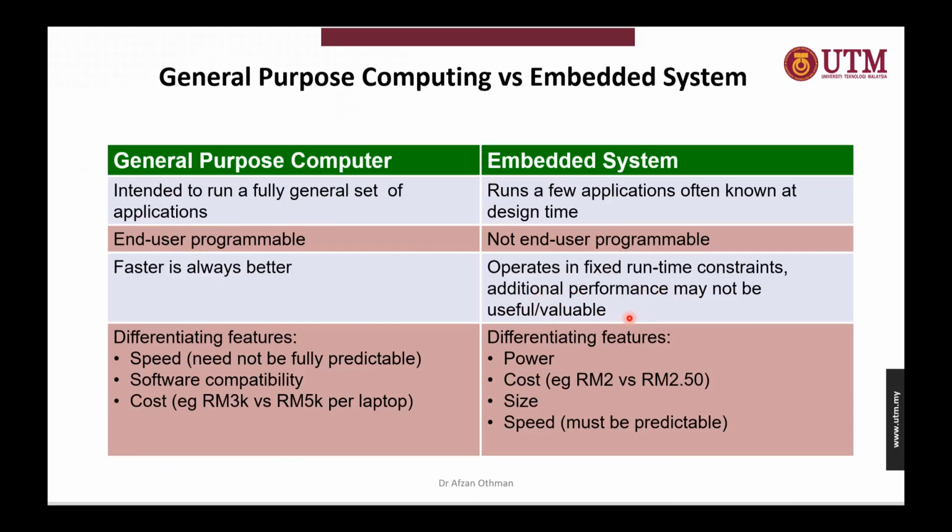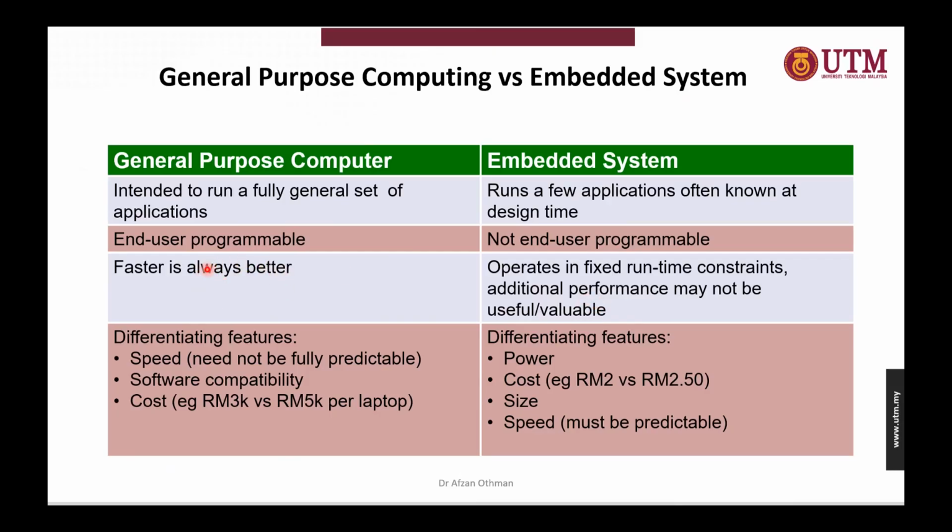If you increase the performance, for example if you use a higher CPU or more RAM, what happens? It will only cost you more money, and that device will be more expensive. So that's why embedded systems only use a minimal number of resources compared to the computer.